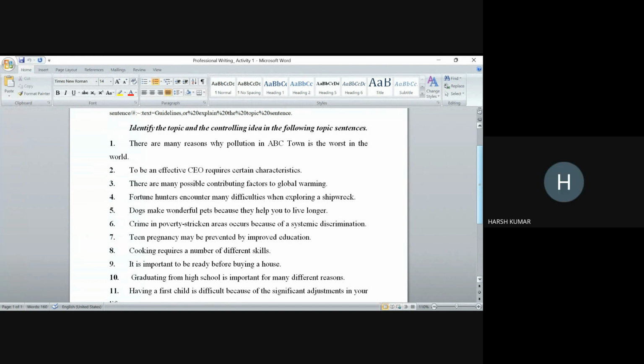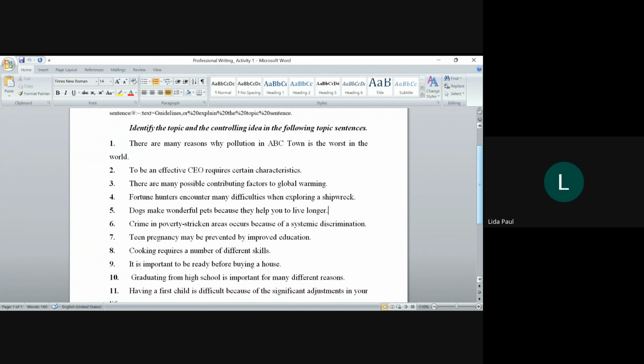Controlling idea. So you're using it as the same thing. Actually, what is the topic? Exploring the shipwreck would be your topic, right? And the difficulties part is going to become your supporting sentences. Fortune hunters just sits there. That part is not very important. What is important is the shipwreck and the difficulties.